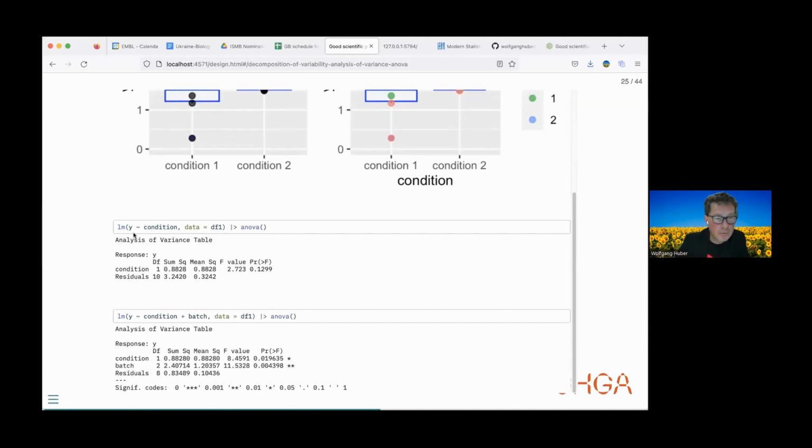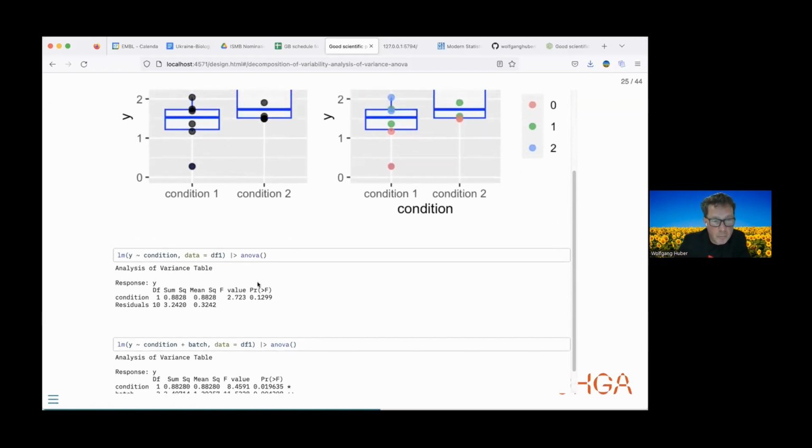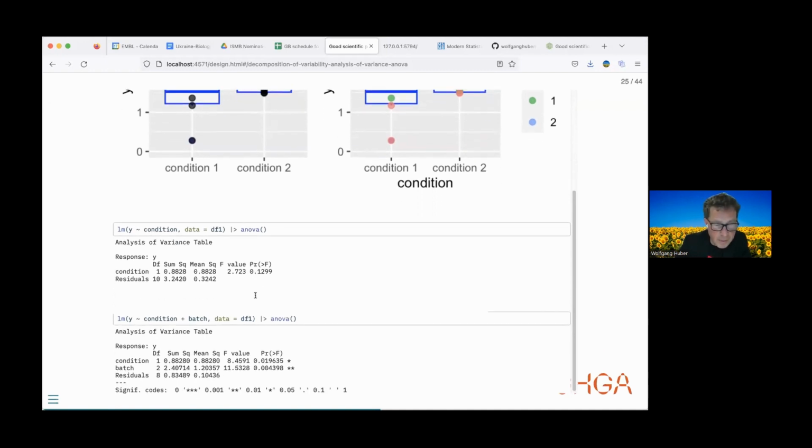If we just compare the 2 conditions, with a little bit of R code, we do a test between those 2 conditions, and we see the noise is so big that the condition effect doesn't rise above statistical noise.